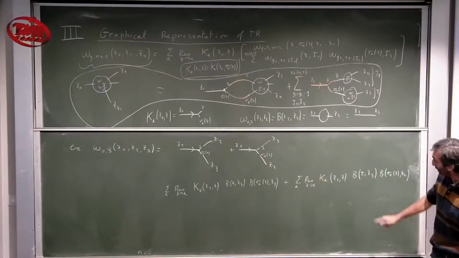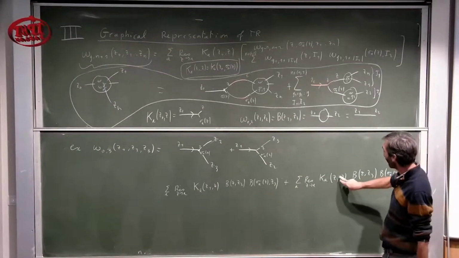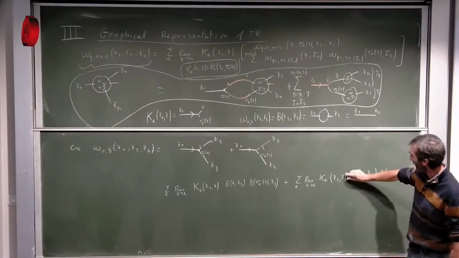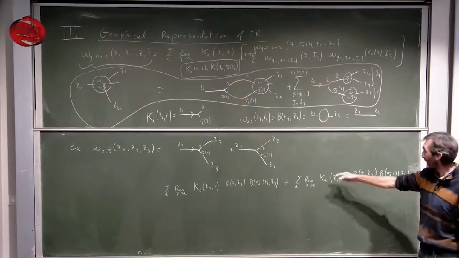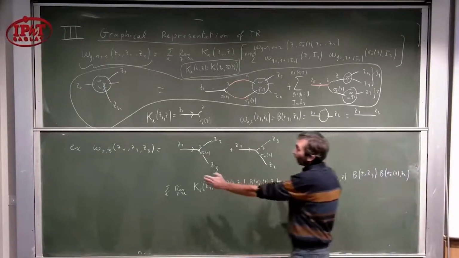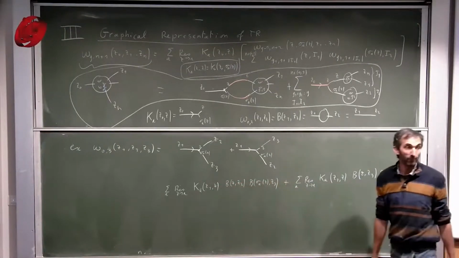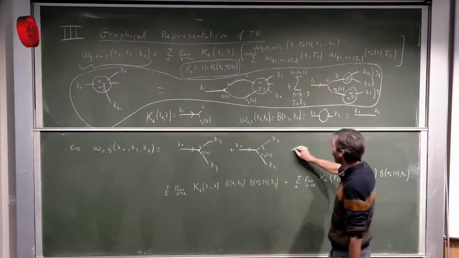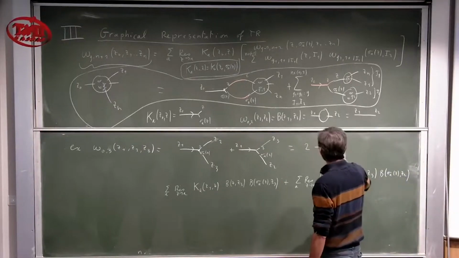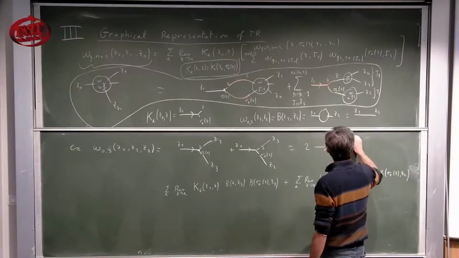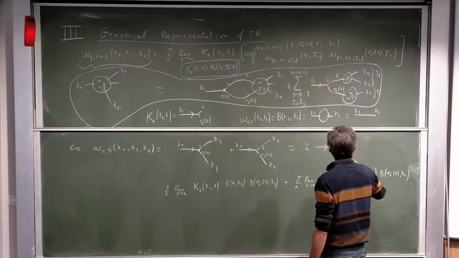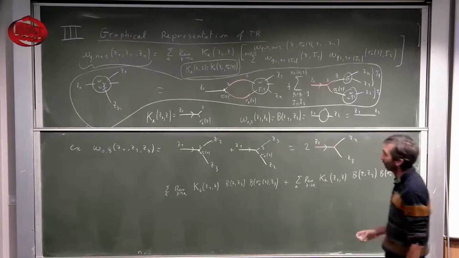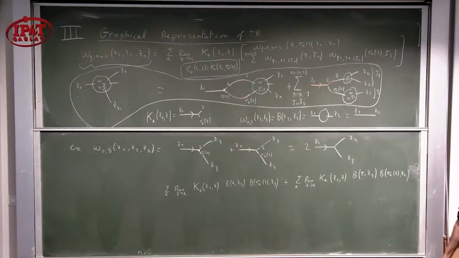You may remark that, as I said, K_a is symmetric under changing Z to sigma of Z. So in fact, these two terms are equal, just by the symmetry. You could also say that this is 2 times this graph, where you put the 2 on the 3. In fact, the two graphs have the same value.